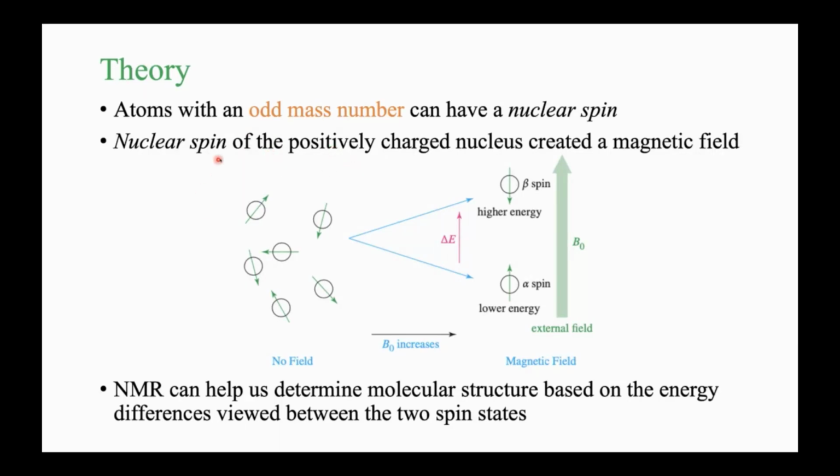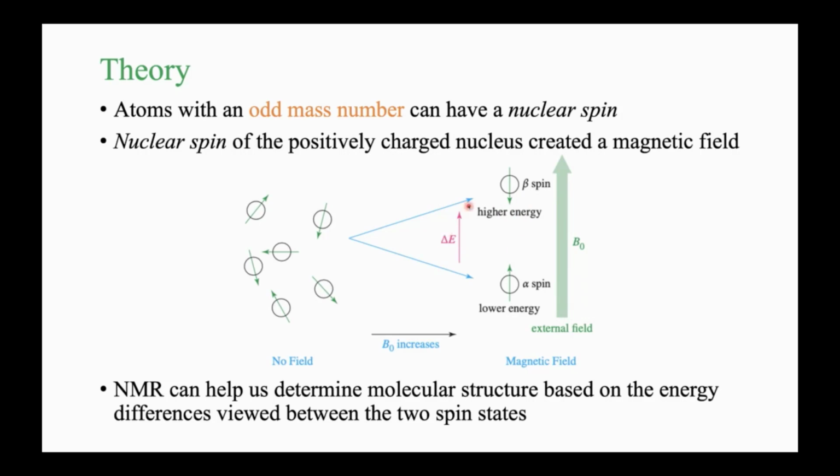So nuclear spin of the positively charged nucleus creates a magnetic field. When there is no field present, they're spinning in random directions. When you add a field, you get two different states, an alpha spin state and a beta spin state, aligned against or with the magnetic field.